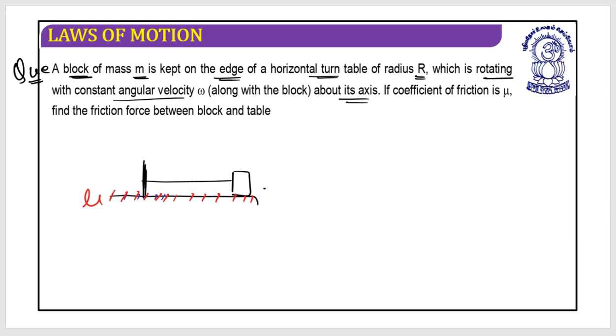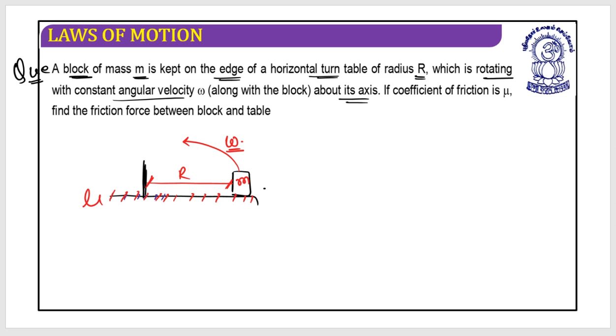It is not connected, something like this. This has mass m, and it has been kept on the edge of a horizontal turntable, and this is radius r. It is not connected, it is just the radius, and it is moving with angular velocity omega.